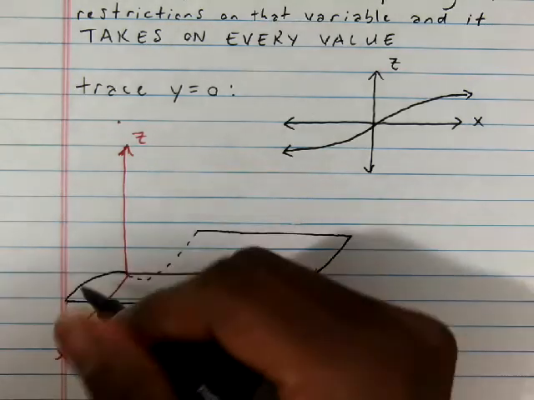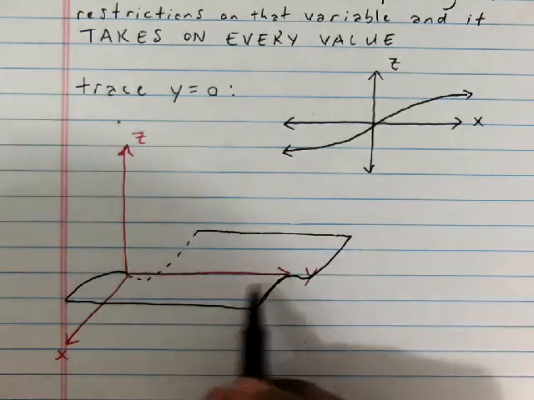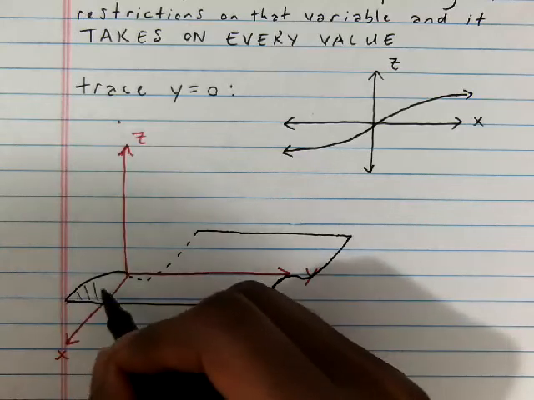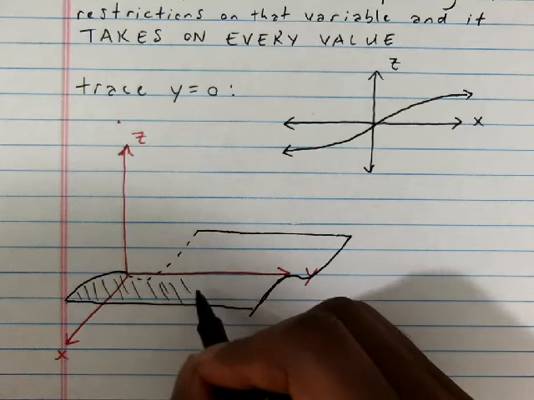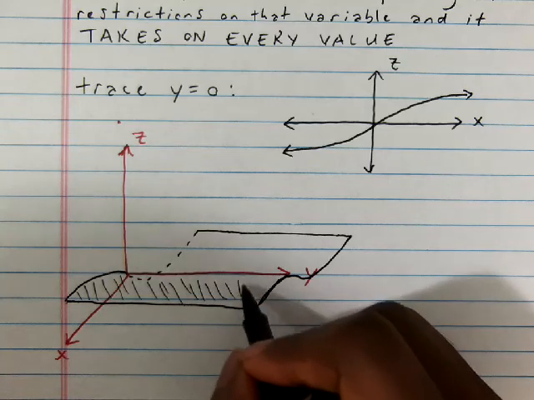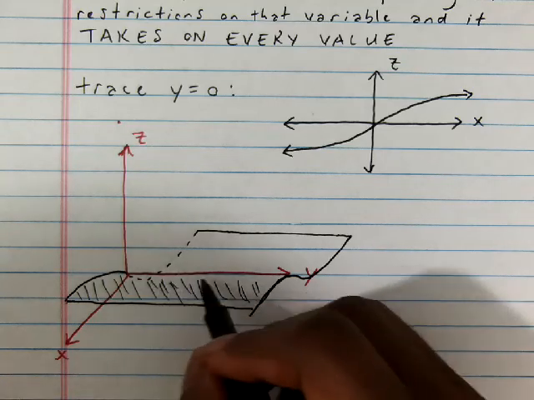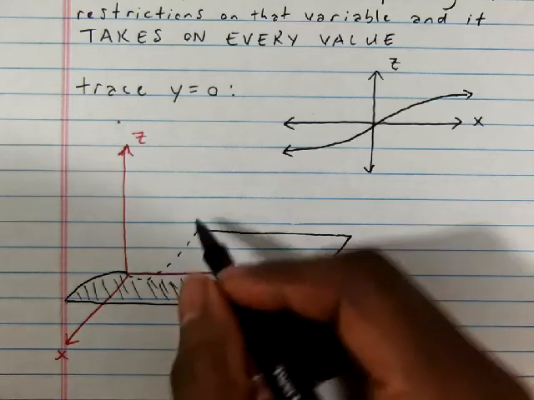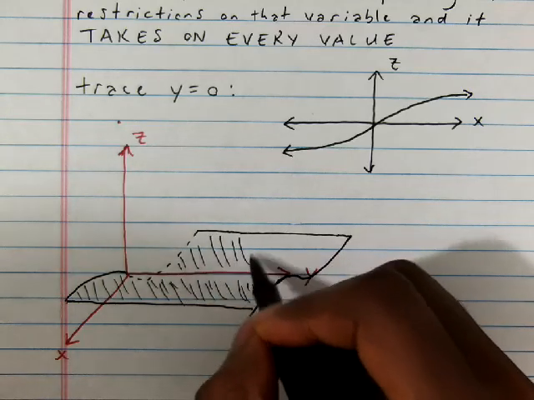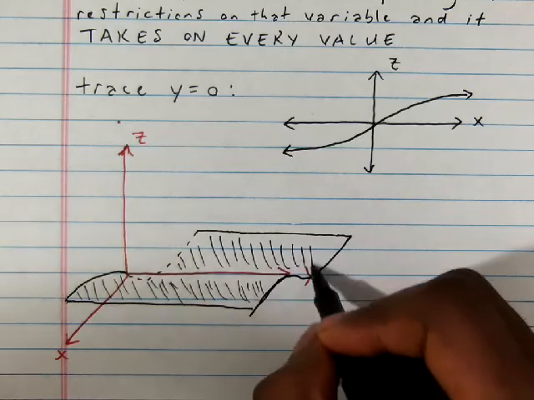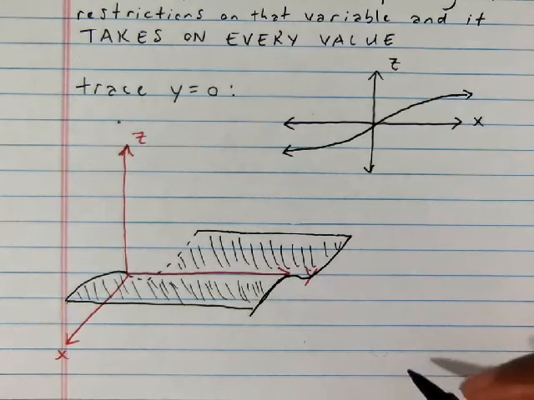So our surface would look something like that. Probably should have skipped the shading part. So that's what that thing would look like, something like that.